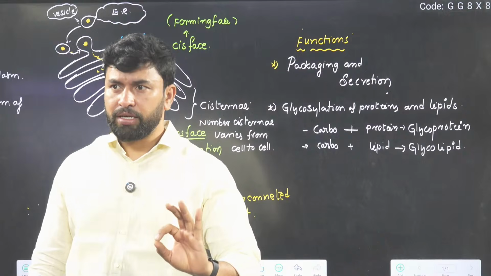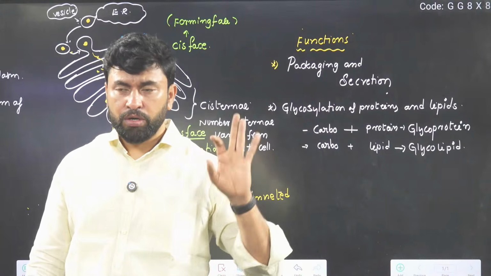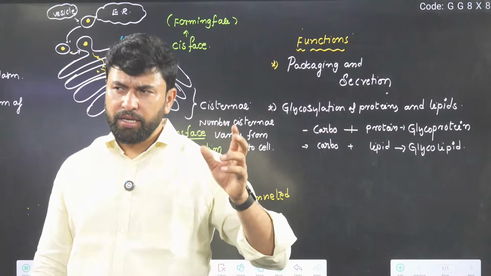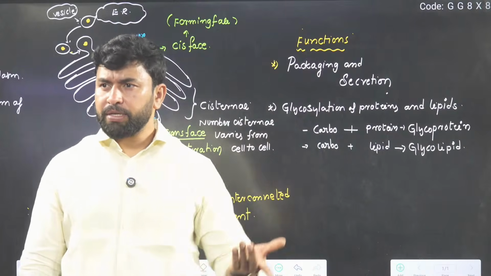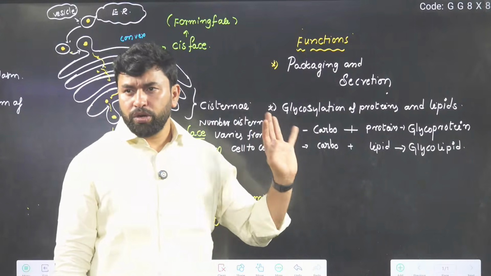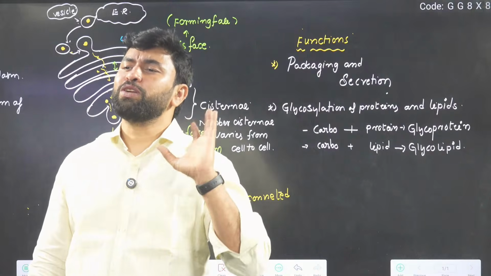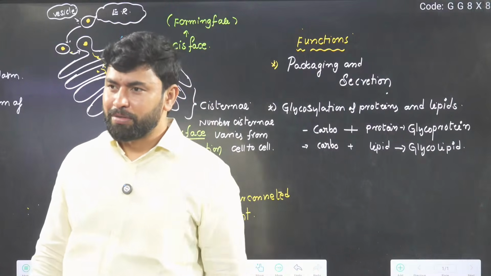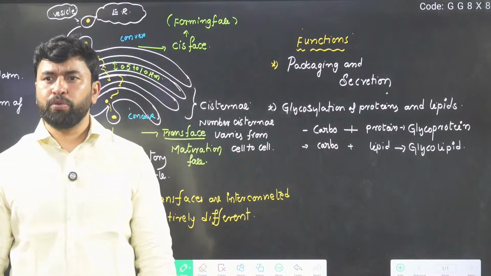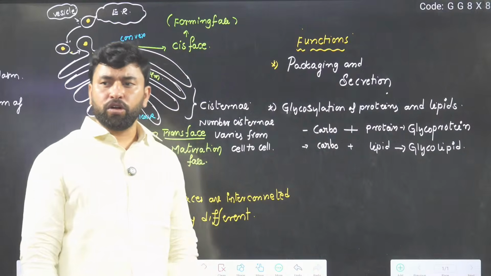But in our NCERT book, they have assigned this work to Golgi complex. Here and there, you will read there will be a presence of glycosylation in endoplasmic reticulum also. But keep it in mind, with respect to NCERT book, we will follow that. That is, glycosylation and glycoprotein will be synthesized by Golgi complex.